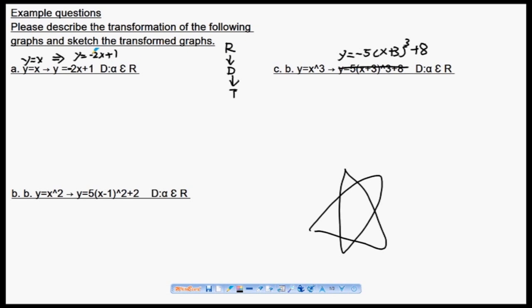When we see a minus sign in the graph, we should have a reflection. So we have a minus sign in there, and I have to describe the reflection first.